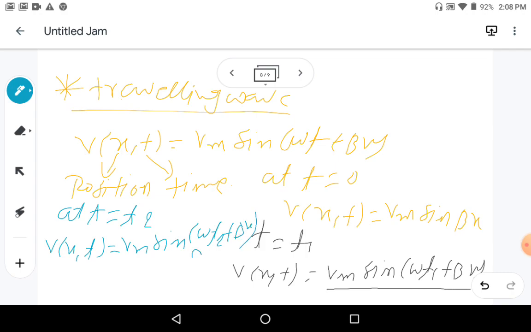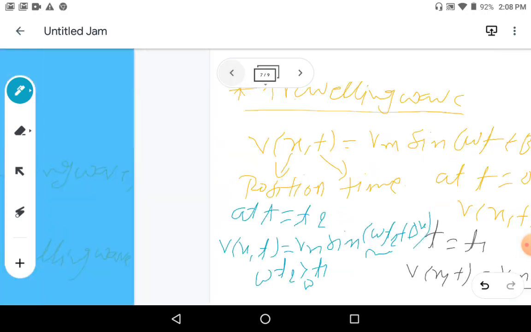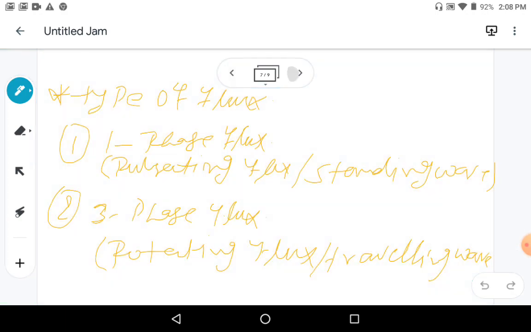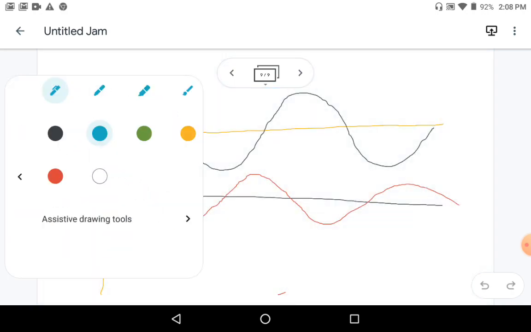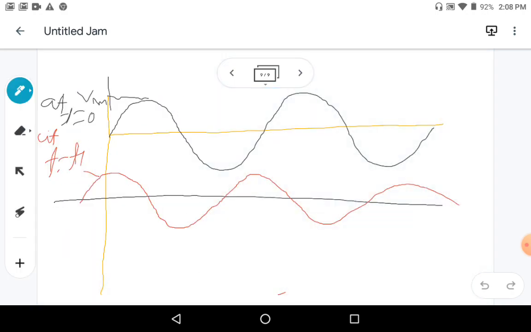Since t2 is greater than t1, omega t2 is greater than omega t1. That means the third curve is also leading the previous curve. The third curve is like that.